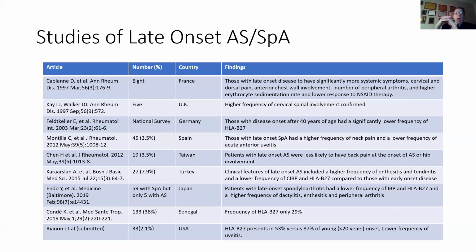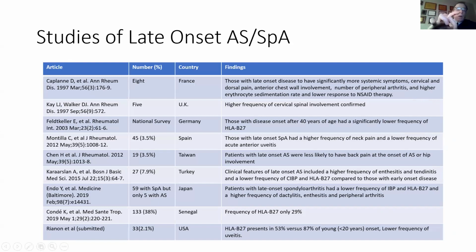The bottom line was that in late onset axial spondyloarthritis, there was a much lower frequency of HLA-B27 than in those with younger onset disease, as well as a higher frequency of enthesitis and peripheral arthritis. So this disease does indeed start late.